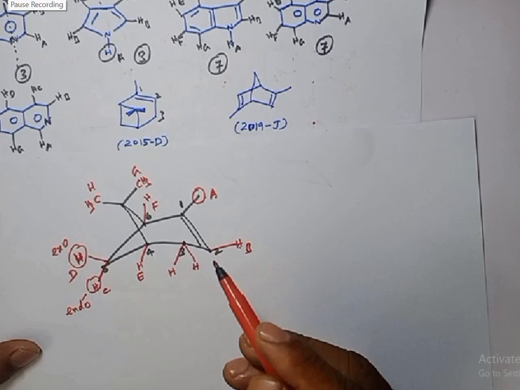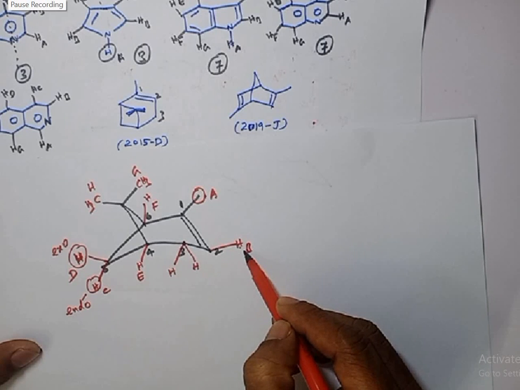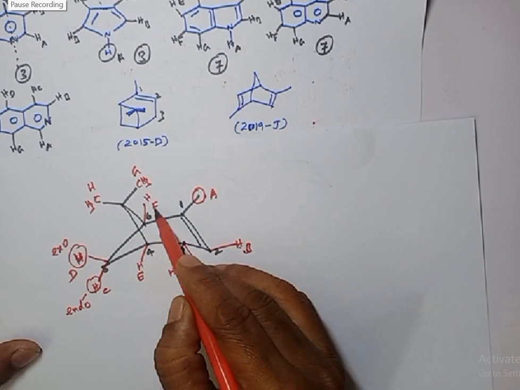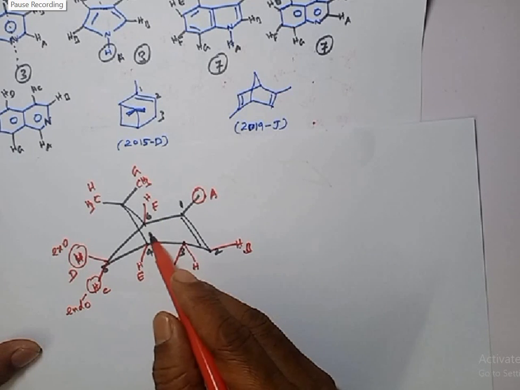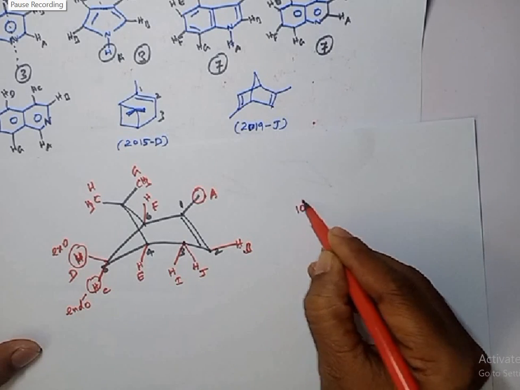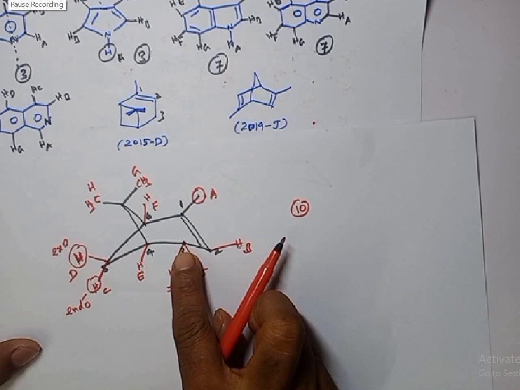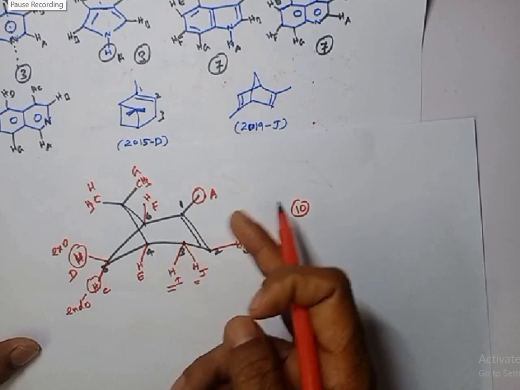Okay, so how many protons do we have? So 1, 2, 3, 4, 5, 6, 7, 8, and here 9 and 10. E, F, G, H. This is I, and this is J. We get 10. Why are these two different? Because if I replace one hydrogen by another group, this will give diastereomers.